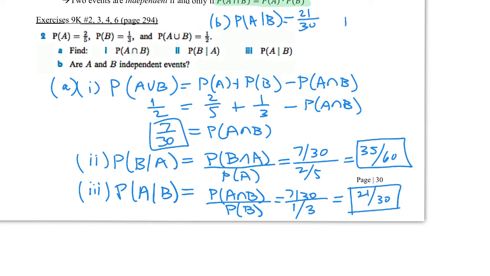And then I have to separately figure out the probability of just A. Well, that was 2/5. Clearly, 21/30 is not the same as 2/5. So I'm going to write therefore, I'll put the 3 dots in for therefore, not independent. Okay, next page.